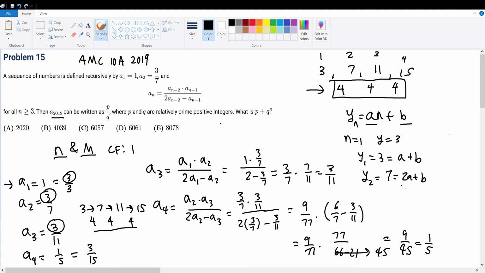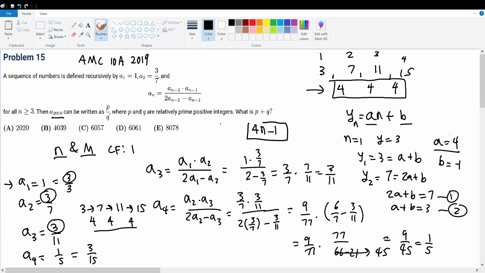So we have two variables and two equations, so we can solve for the variables. 2a plus b is equal to 7 and a plus b is equal to 3. We subtract the second equation from the first to get a is equal to 4. Plugging it into equation 2, we get b is equal to negative 1. So the general formula for this recursive series will be 4n minus 1. And this will be the general formula that can help us find the denominator given the nth term.